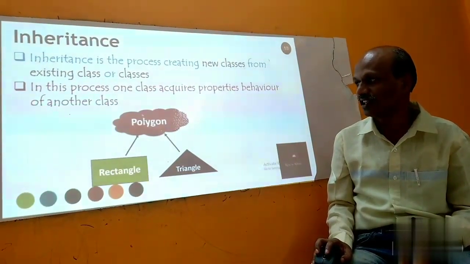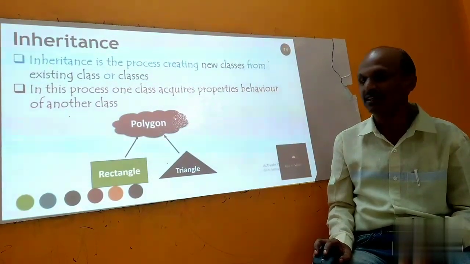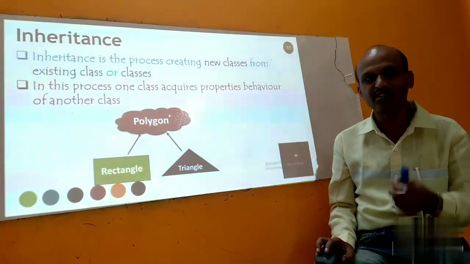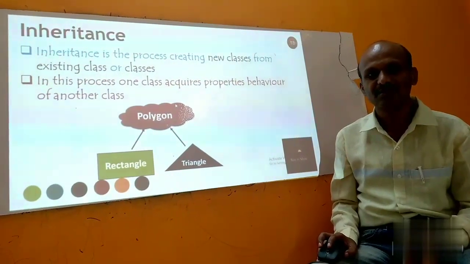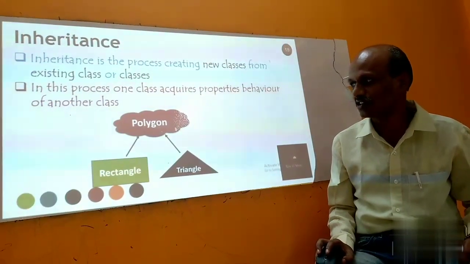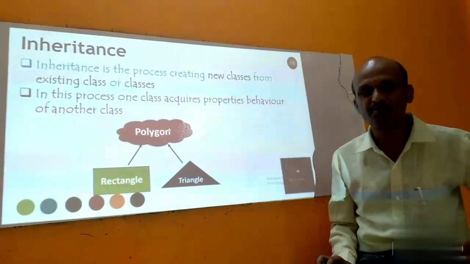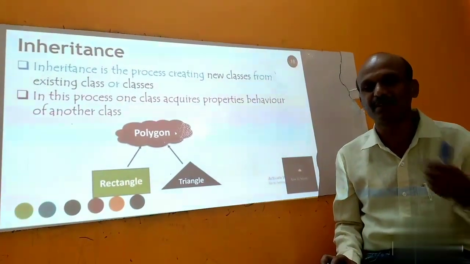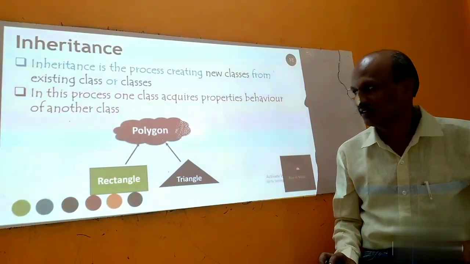For example, consider you initially have a class, polygon. So what are the variables of polygon? Suppose vertices. And now if your business has increased, suppose this is some graphical software where you are drawing some graphs or some figures.